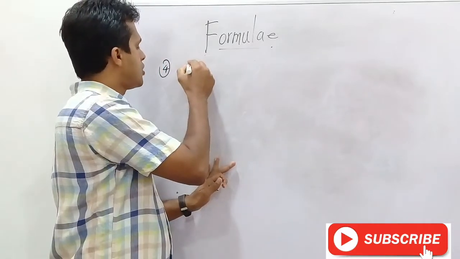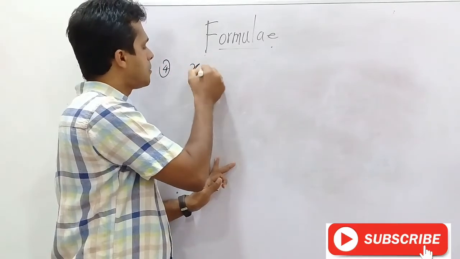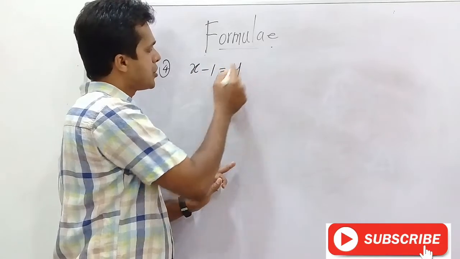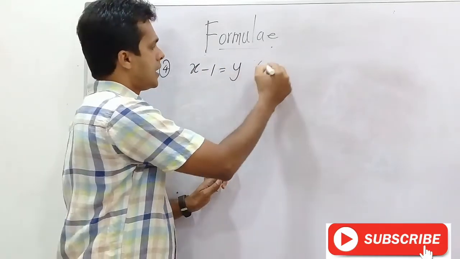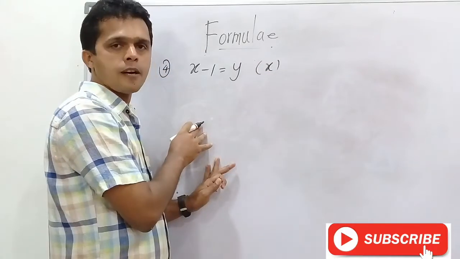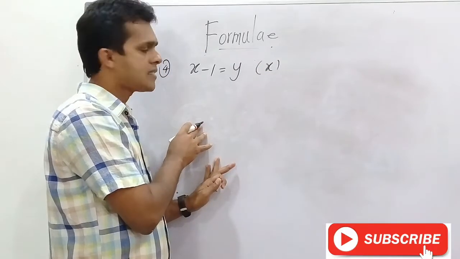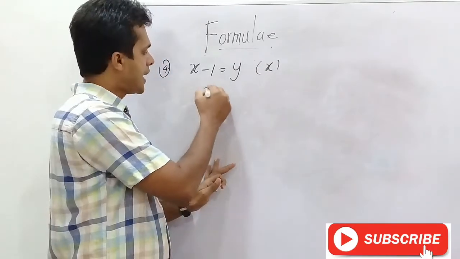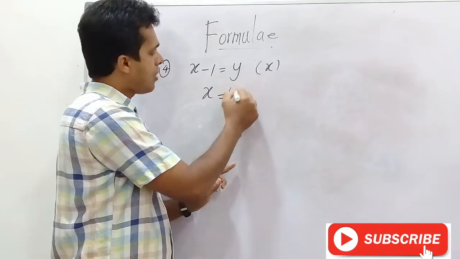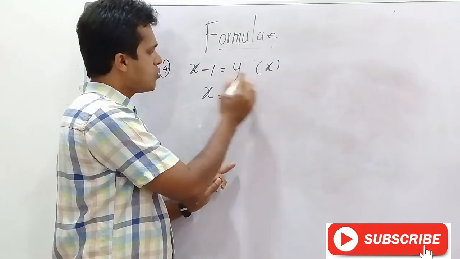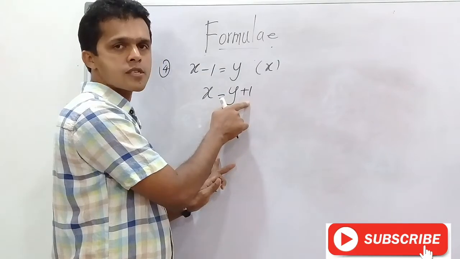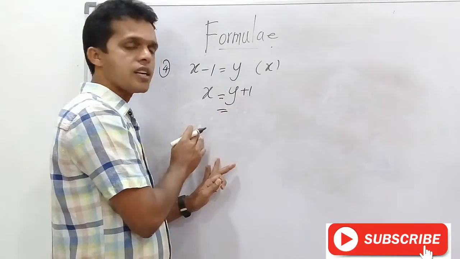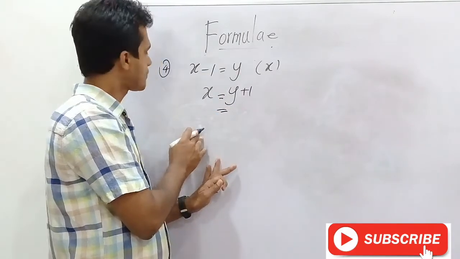Think of this one: x minus 1 equals y. How can you write the term x as the subject of this formula? x equals y, negative 1 becomes positive 1. Minus 1 becomes plus 1. So x equals y plus 1.